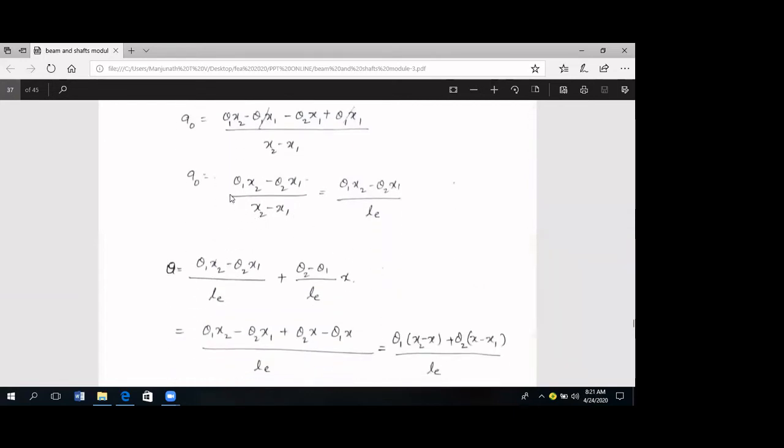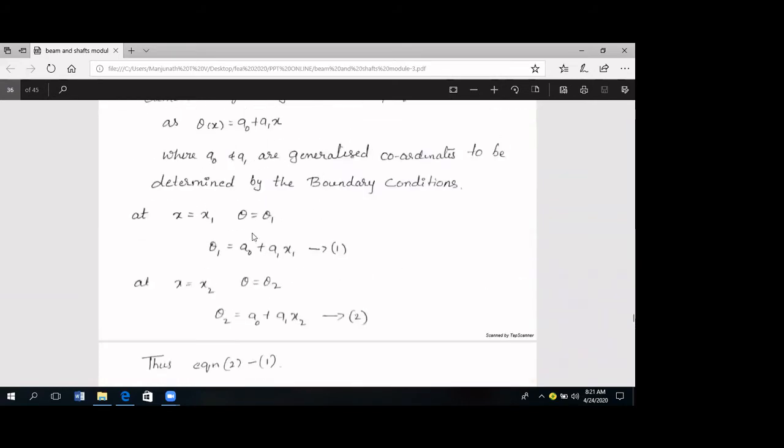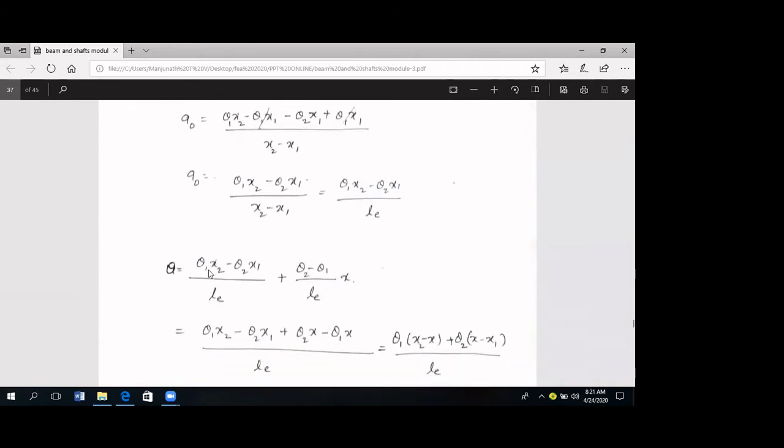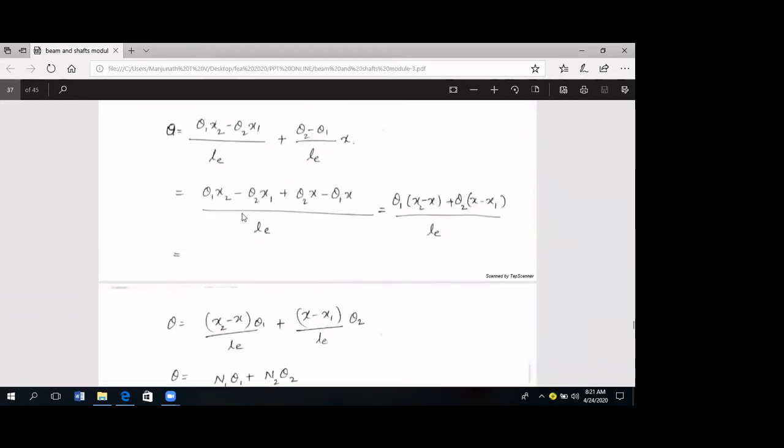After obtaining the values for a naught and a1, substitute both values in the polynomial equation. So we get theta equal to theta 1 x2 minus theta 2 x1 divided by LE plus theta 2 minus theta 1 divided by LE into x.